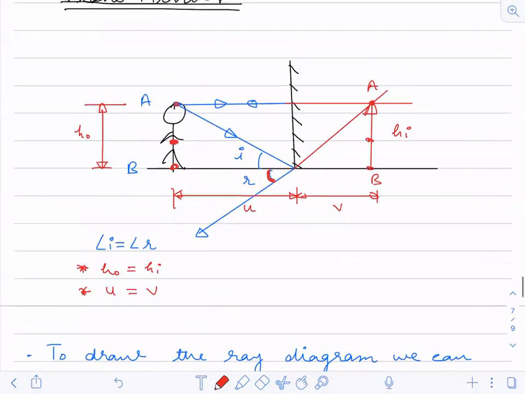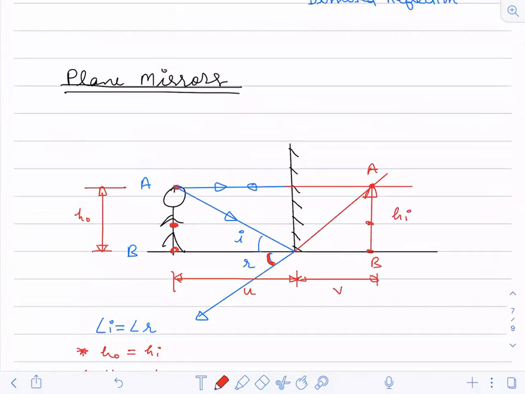Suppose this ray would have reflected such that they are meeting on the side of the object. Suppose this was the reflected ray 1 and this was the reflected ray 2. Now I can see that in this direction they will not meet. Never can they meet. So I have to find out their intersection.